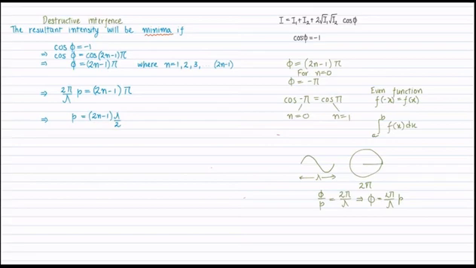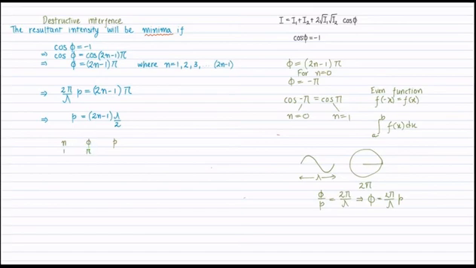So what does this mean? Let us consider n equals 1, the first order. If n equals 1, then my phase difference is twice of n minus 1 pi. Substitute n equals 1: 2 times 1 is 2, minus 1 will be 1, 1 times pi will be pi. What will be my path difference?